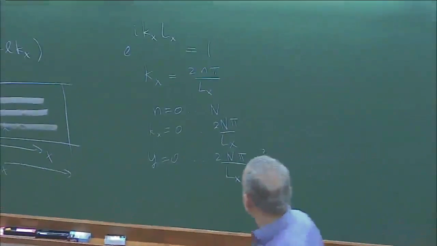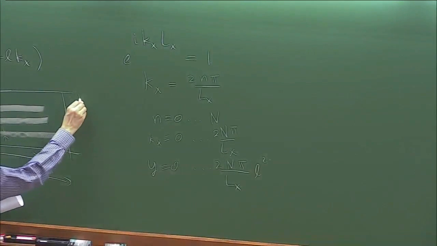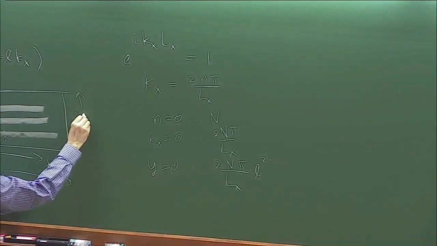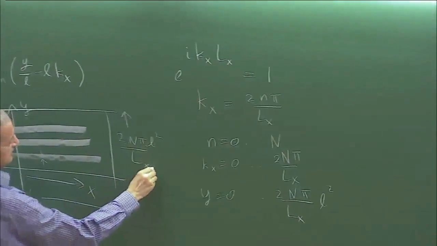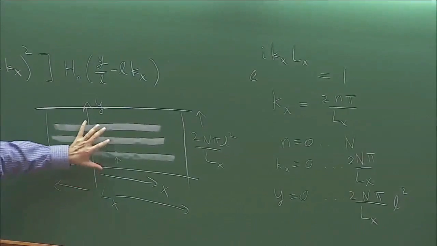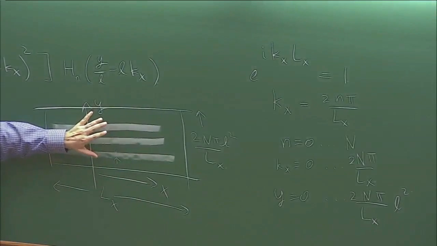So what this tells me is that if I take length equal to Lx in this direction, and this length is 2 n pi l squared over Lx, then in this rectangle, I have n states.